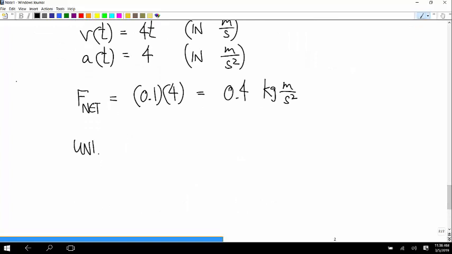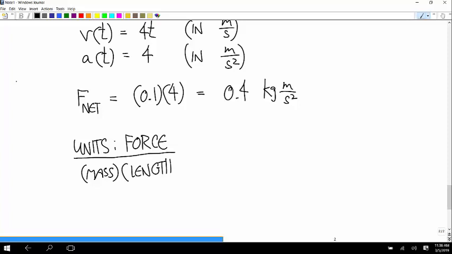Units of force are mass times length divided by time squared.